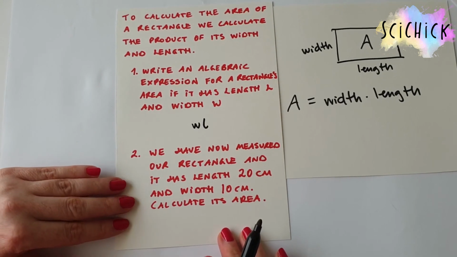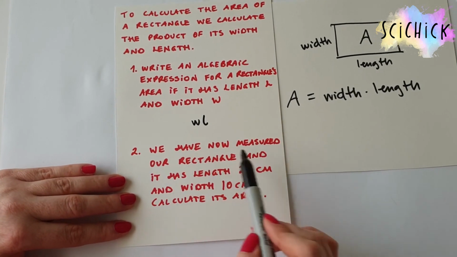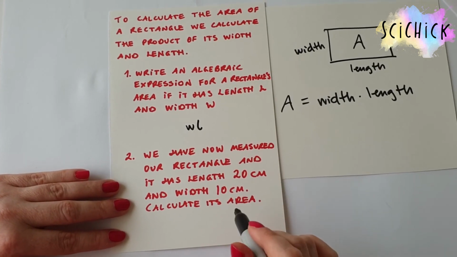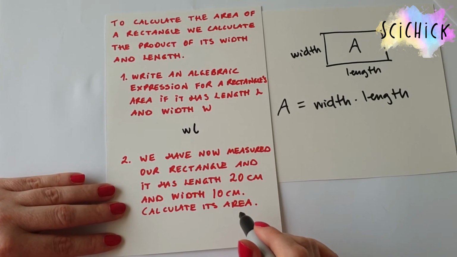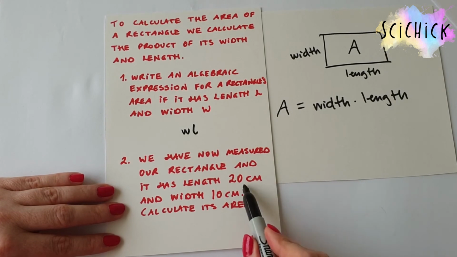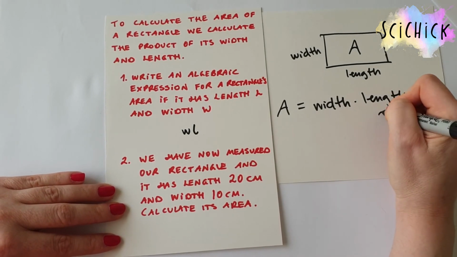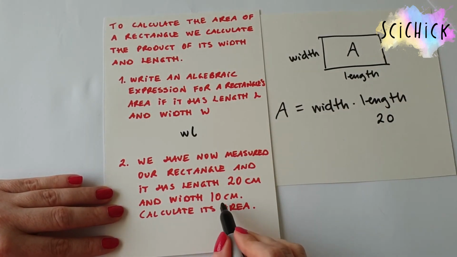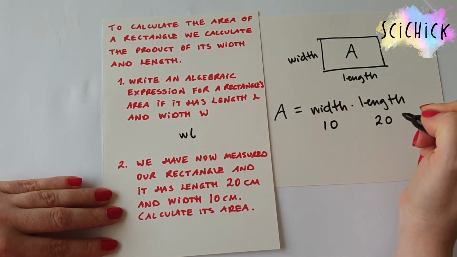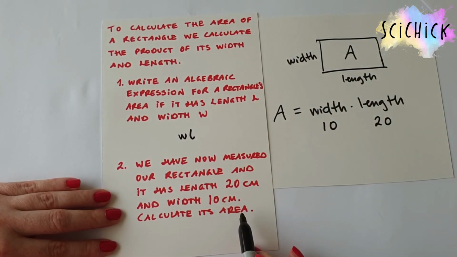And finally, I want to have you calculate the real area for the rectangle. The length is 20 centimeters. So this is 20 centimeters. The width is 10 centimeters. It's 10 centimeters. And we're going to calculate the area.